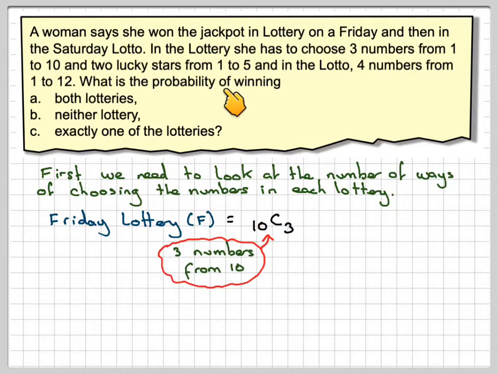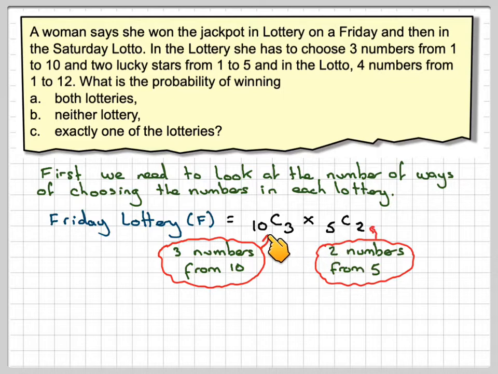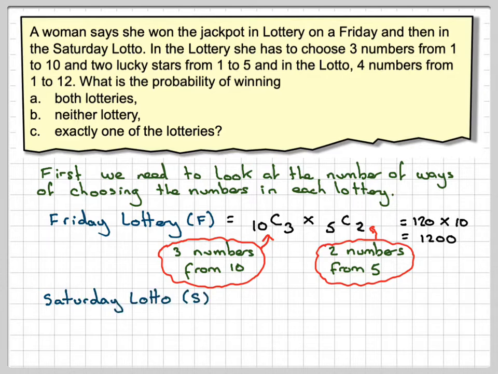And also we have to choose another 2 from 1 to 5. So we have to multiply. These are independent events. This event does not affect this event. 2 numbers from 5. And that comes to 120 times 10, which is 1,200.